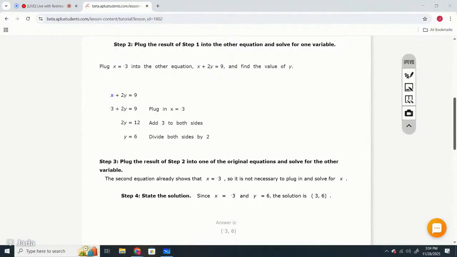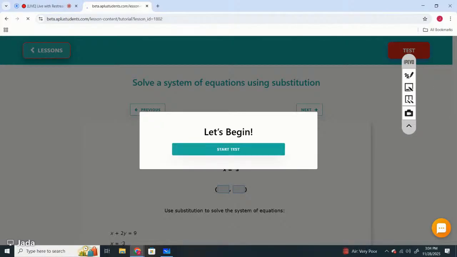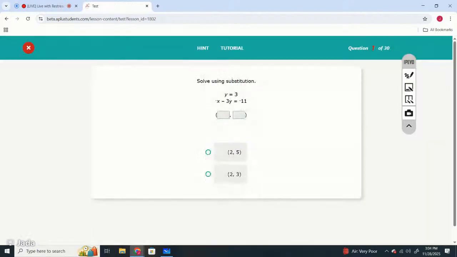Let's just start with the test questions. Solve using substitution.